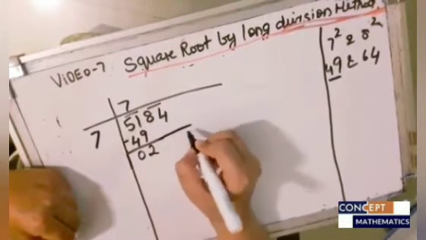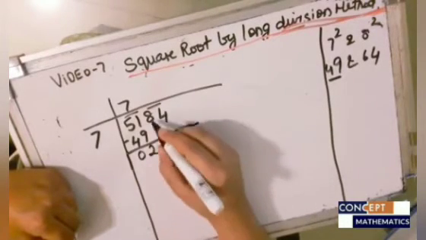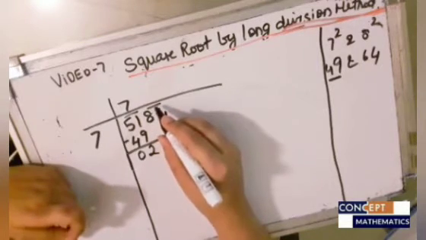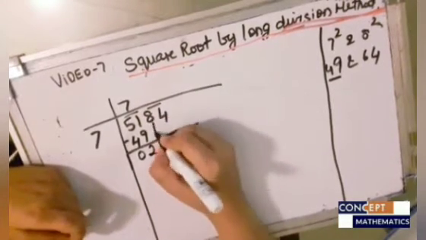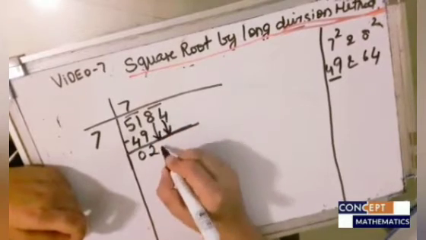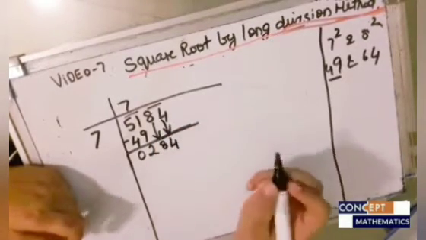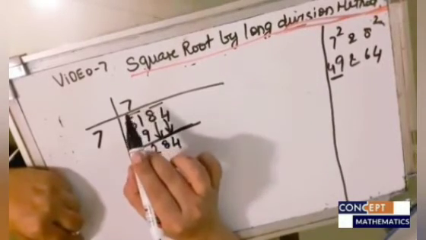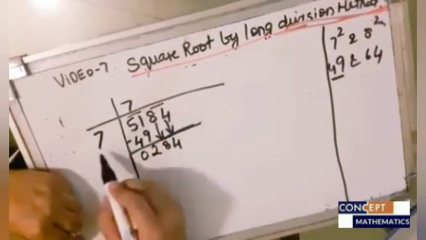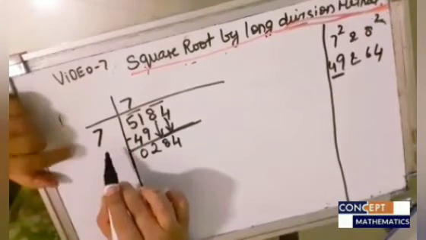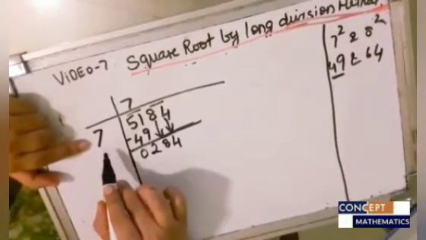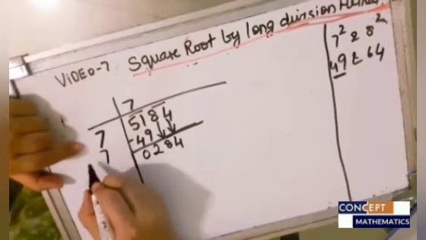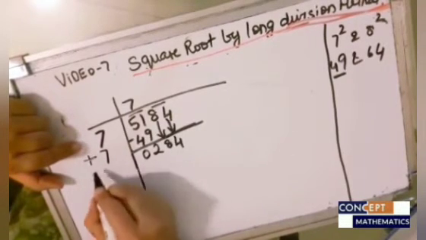But here in divisions we take down only one number, but here we will take down the entire pair. That is, we will bring down both the numbers together. That is 284. Now here you have to remember, whatever is the number that you have taken here, that is 7, the same number you need to add again to get the next number.